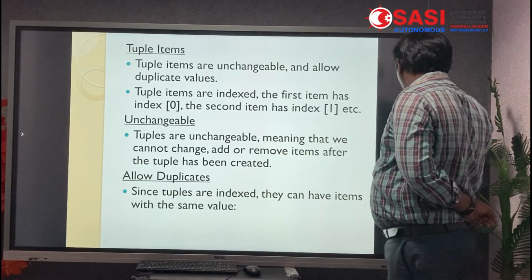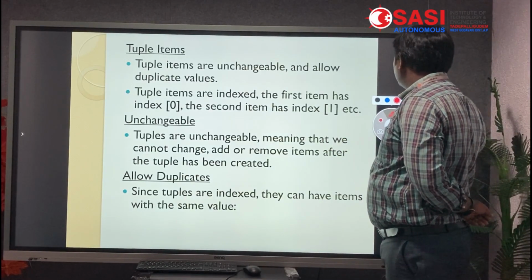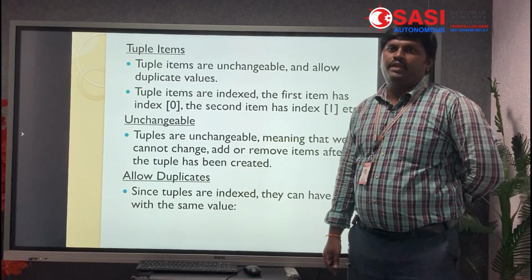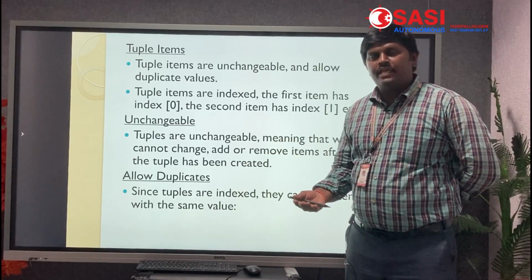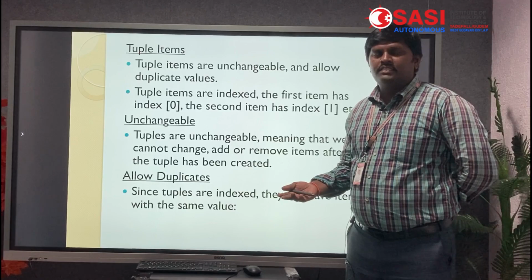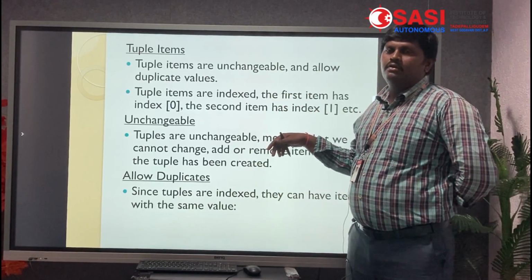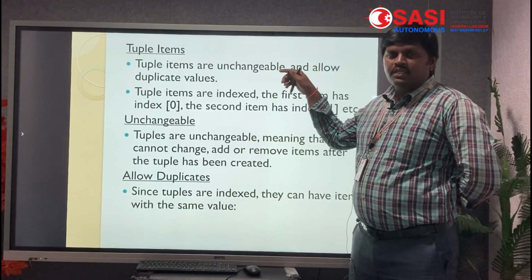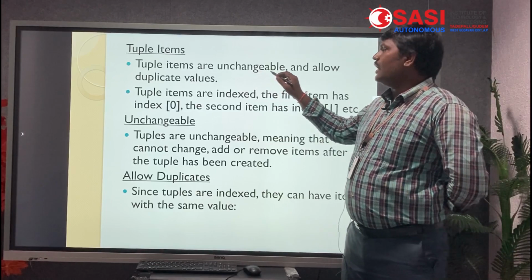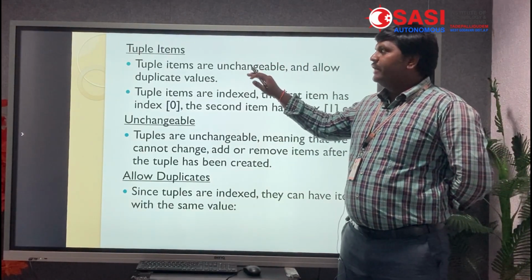Next, tuple items. How to access the tuple items? Using index values you can access the tuple items. In the case of a list, we access using index values; here also you can access the tuple items using index values. Tuple items are unchangeable and allow duplicate values.